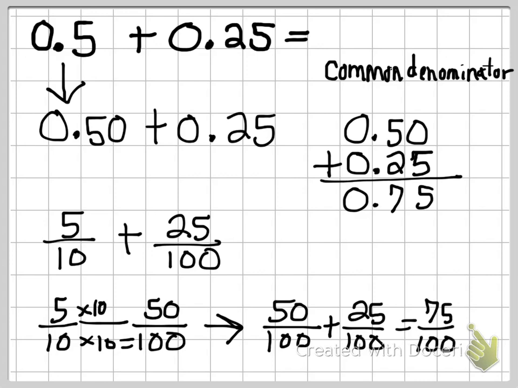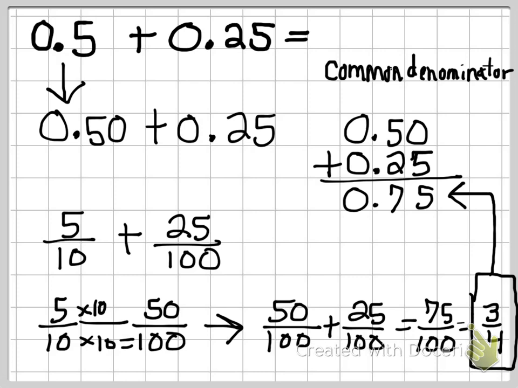And just a little note, you don't have to focus on this now, but some of you may recognize this. 75 hundredths is equivalent, if I divided both the numerator and the denominator, to 3/4, which means 3/4 is also equal to the decimal 75 hundredths.